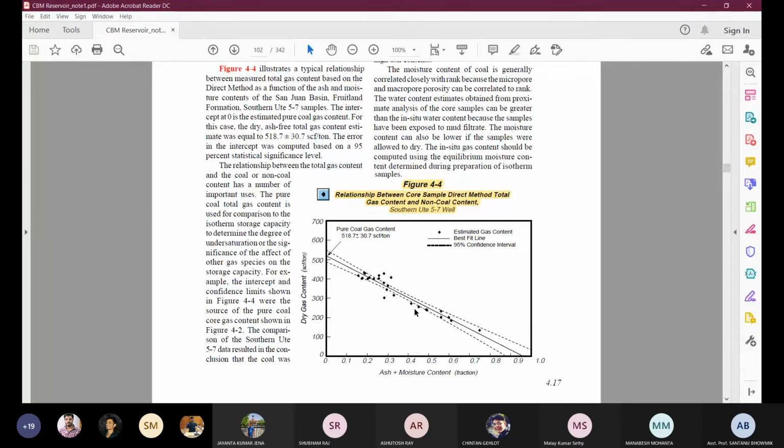The more ash content gives a reduction in the carbon content, and the ash is not going to store the gases. It is all the coal or the carbonaceous matter. Similarly, the moisture is going to block the pore spaces which may be available to the gases. So if you increase the moisture percentage, again the gas content is going to be reduced.